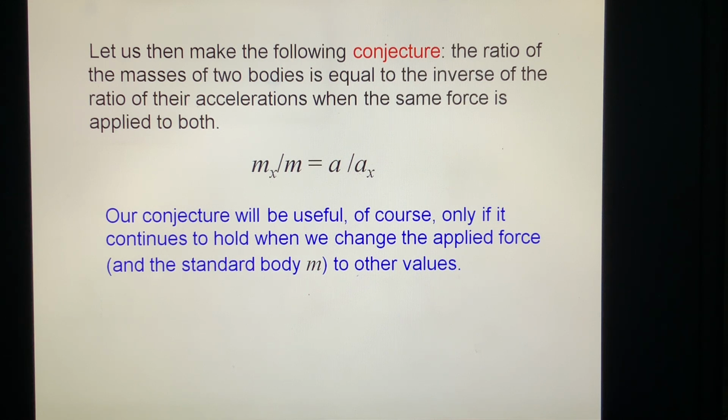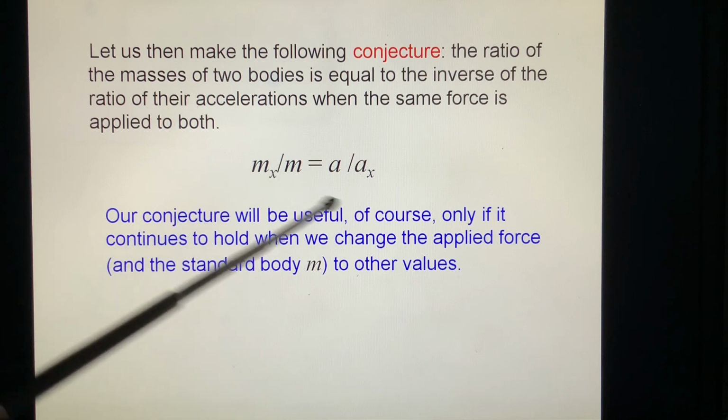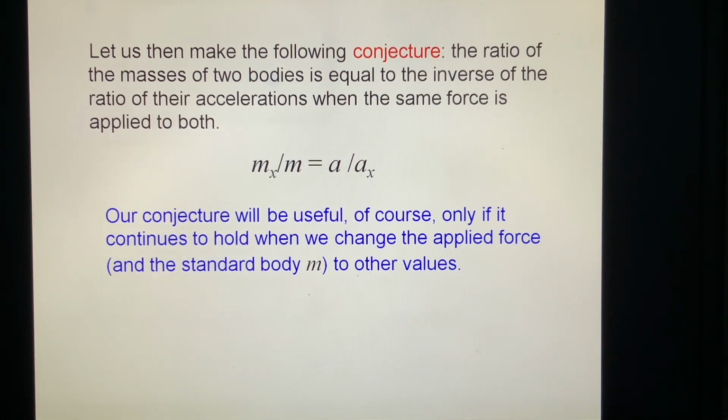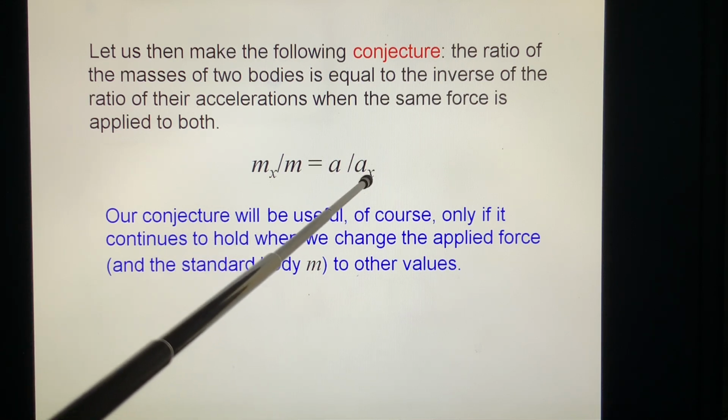Before, we used the standard force, 1 newton. Now we change to another force and see whether this is true. Or we change the standard: instead of 1 kilogram, we use another number. And we find that when we change the standard, or change the force, this ax is the same.